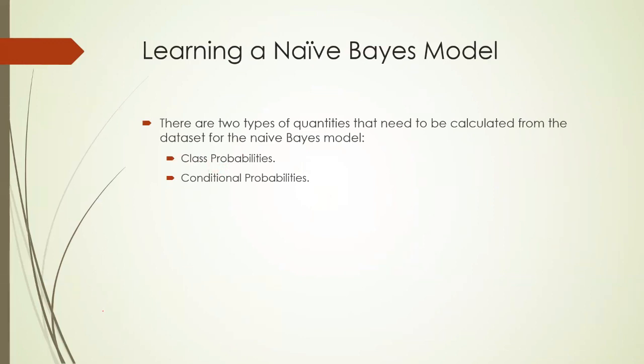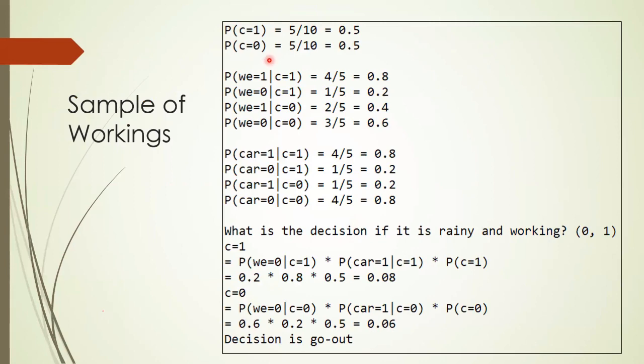So I need to calculate the probability of weather 1 given C1, which is whether it is sunny and going out. How many? So we need to tabulate this first.